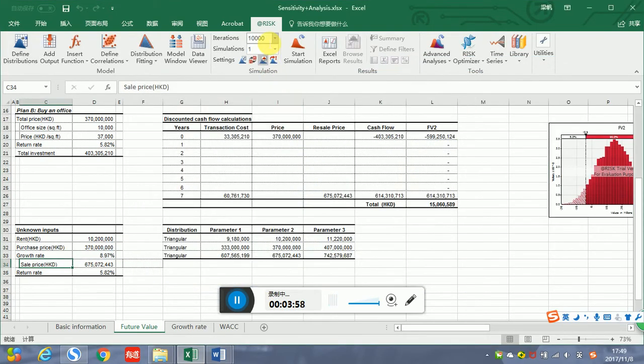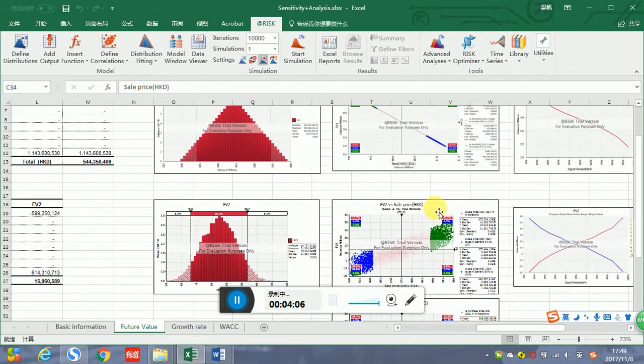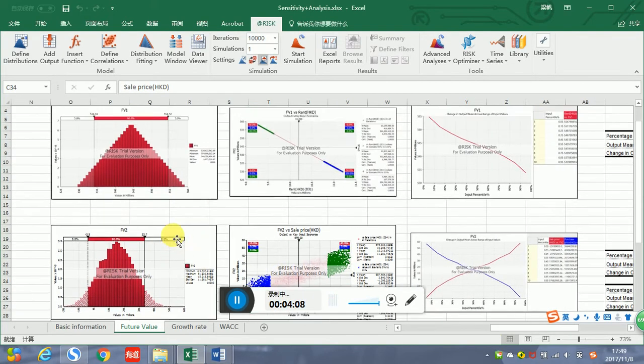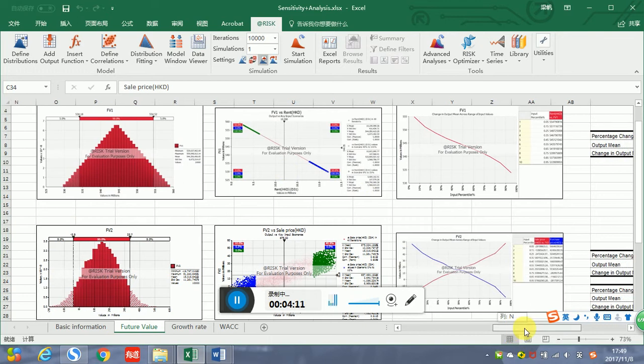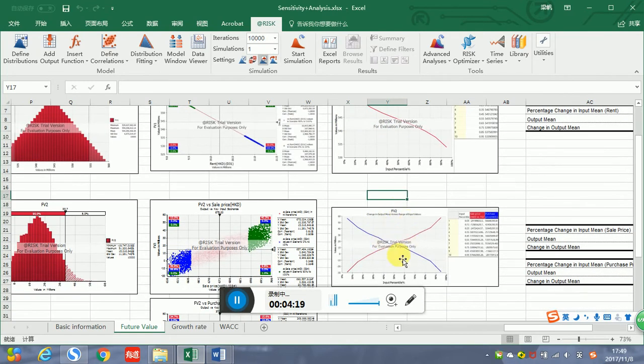Then, when we input the iterations and simulation, click start, we can get these results, like the future value distribution in these 2 graphs, and we can find that the future value 1 is negatively related to the rent, and the future value 2 is also negatively related to the purchase price, but positively related to the resale price.